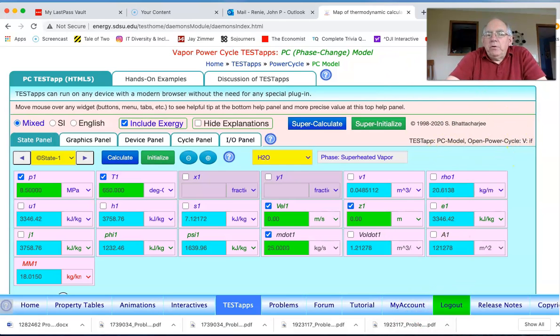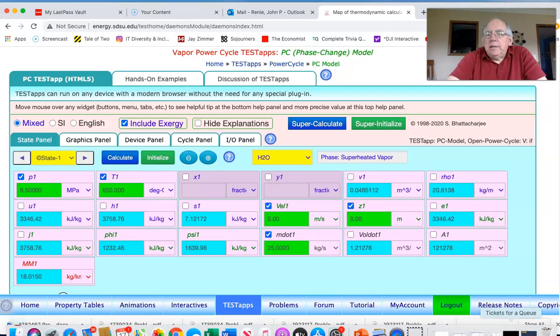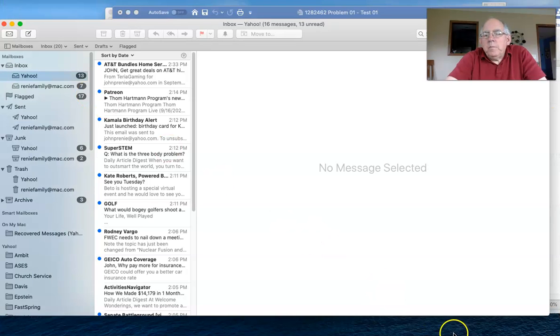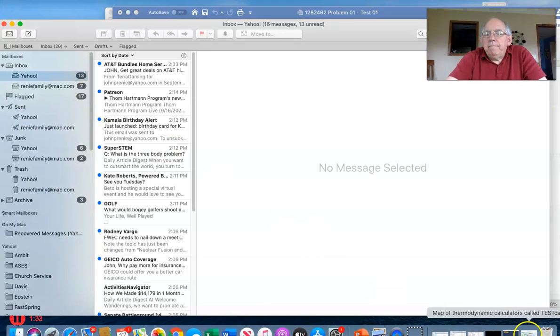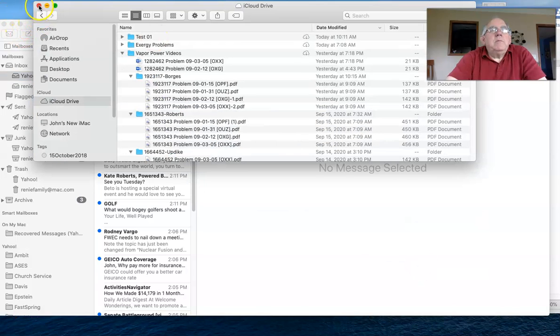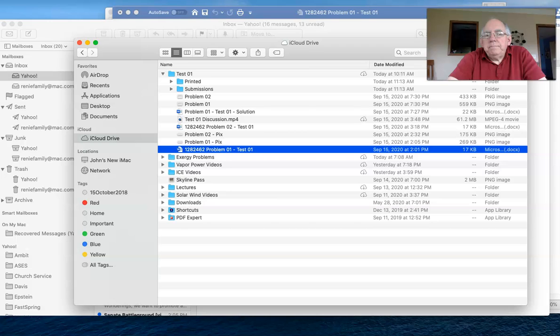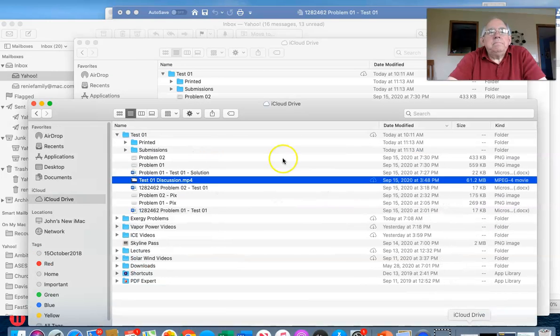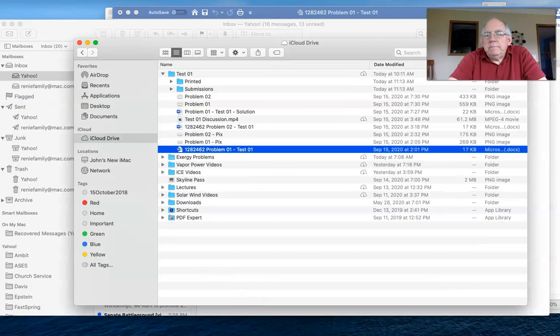Now, what we want to do is take a look at the schematic associated with this particular problem. Oops, that's the wrong one.